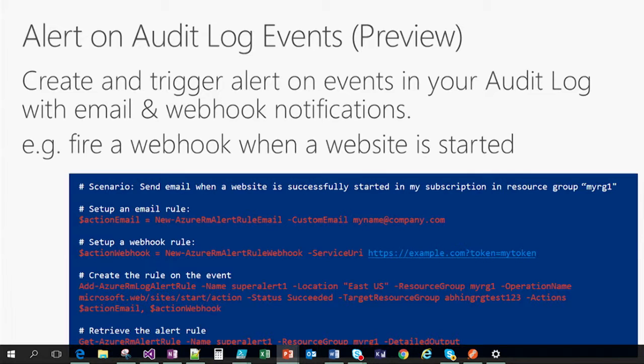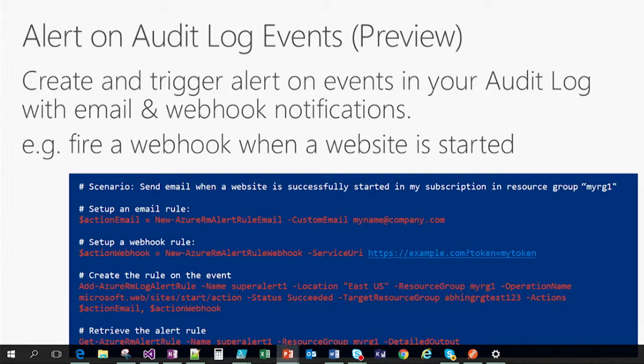So you can create a trigger on an event on your audit log, such as, say, alert me every time this website is started or stopped. And as you can see here, just like you did for the alert on metrics and for autoscale notifications, you can create an email action for this alert. You can add a webhook action for this alert, and you can add them as properties to this alert rule.